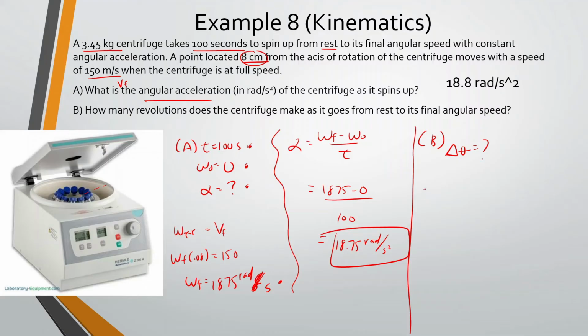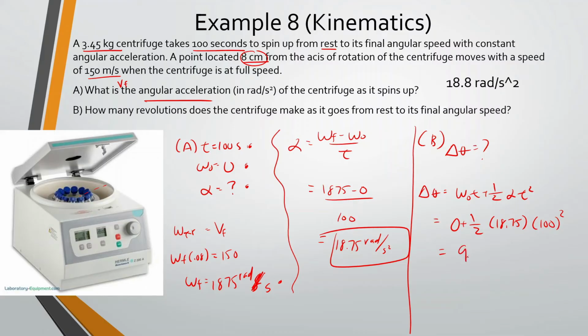So change in theta is equal to omega initial t plus 1/2 alpha t squared. This is equal to 0 plus 1/2 times 18.75 times 100 squared, which is 100 squared times 18.75 times 0.5.